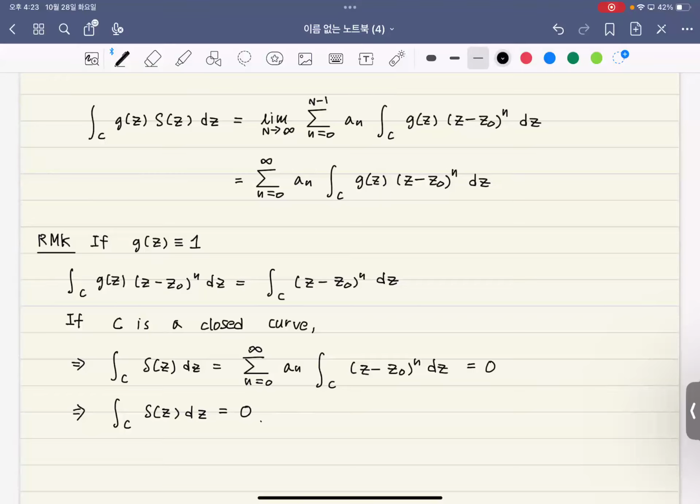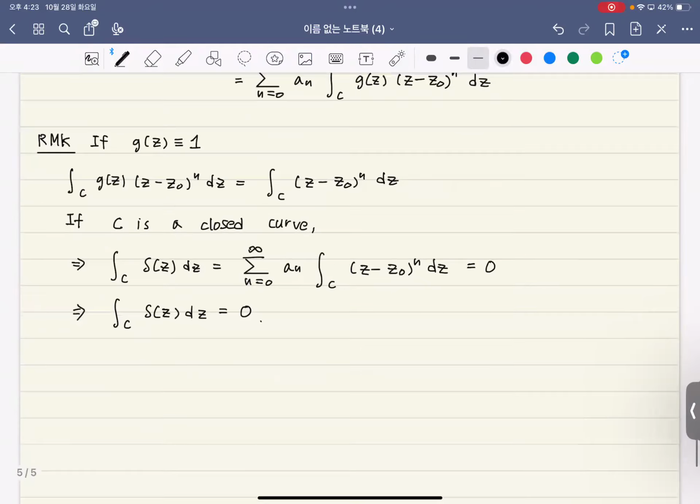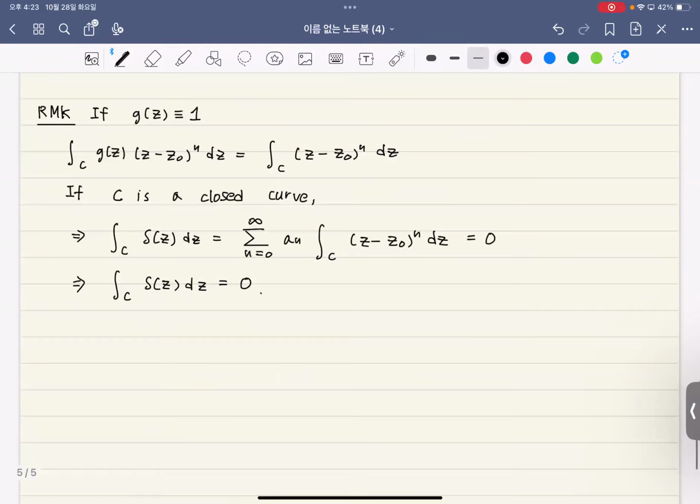And since, what do we have here? The integral of this function over any closed curve equals 0, which implies that S of z must be analytic on this circle of convergence. Okay. So this result is very important, so it deserves a corollary.